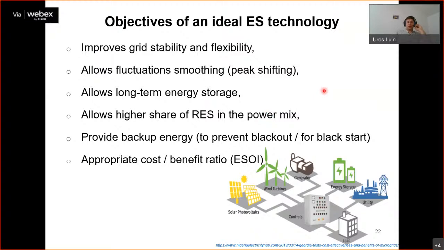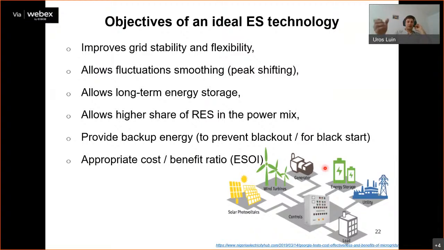It should allow a higher share of renewable energy sources in the power mix, and it should provide backup energy, like we already said. And all this it needs to do at as low a price as possible, or, as you can see in the literature, the ratio between energy stored over energy invested. And those were also the objectives that we took into account when we were designing such novel energy storage technologies.